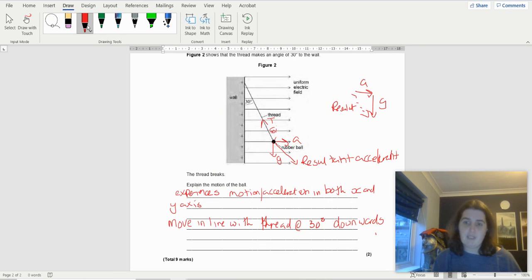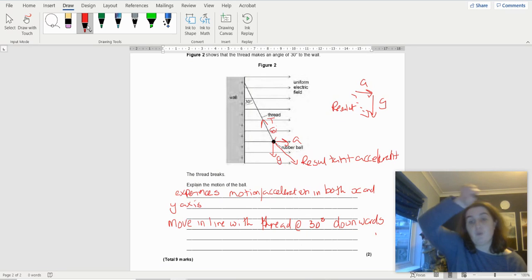What I didn't realise is that when it's out like this, it's already at equilibrium. This is the point where it's gone as far out, with g and a in your tension. When you break the thread, the resultant force would be going in this direction, which means a and g being both constant at that point would make it move down diagonally. So that was just my mistake there.